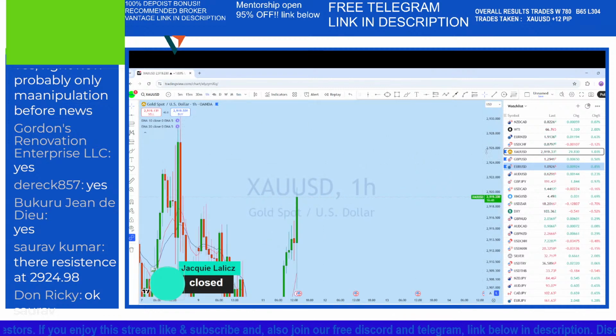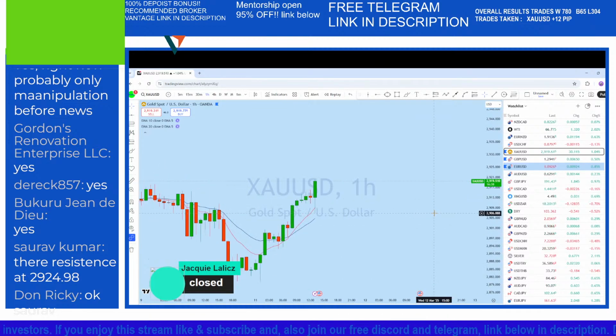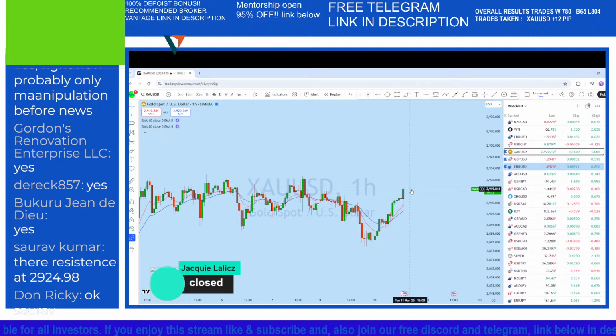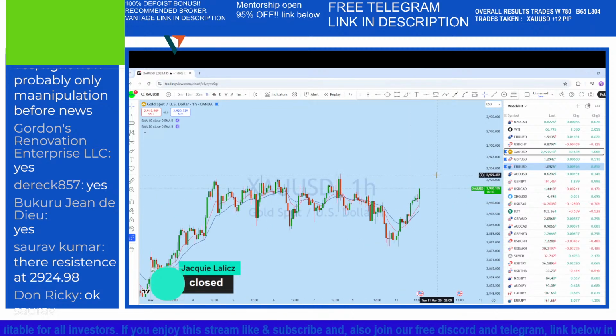So looking at the 1 hour, this is a very aggressive bullish price action at the moment, and before the news we might see the price ultimately going up to hit that resistance line here.